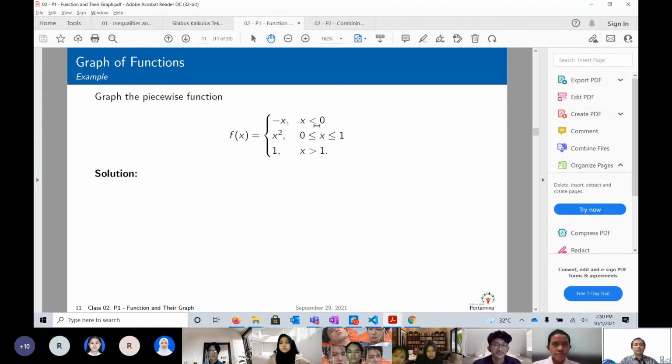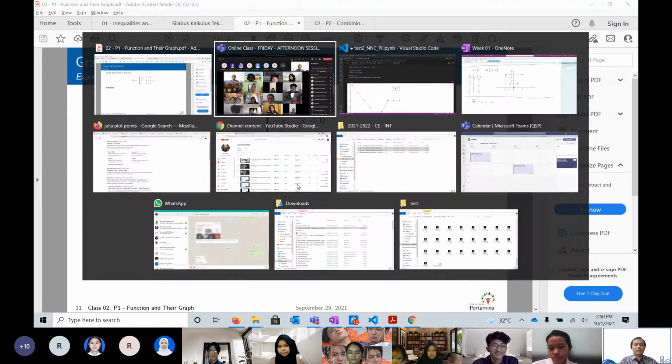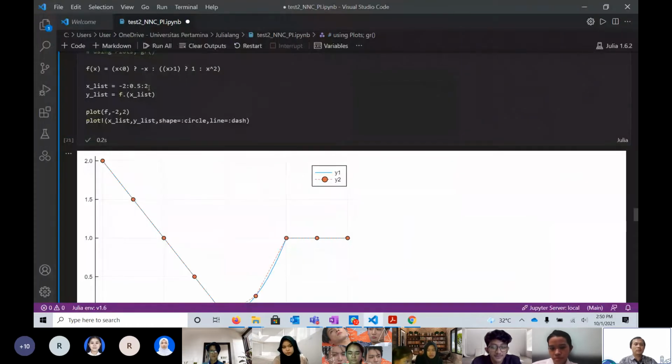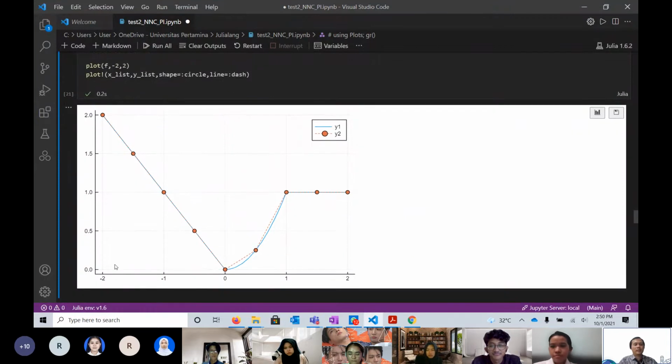When we are asked to draw this graph over the interval from -2 to 2, then we have to draw it from x equal to -2 up to x equal to 2.